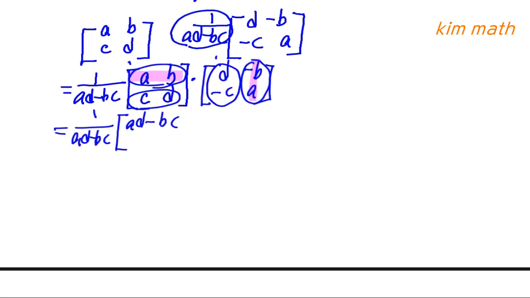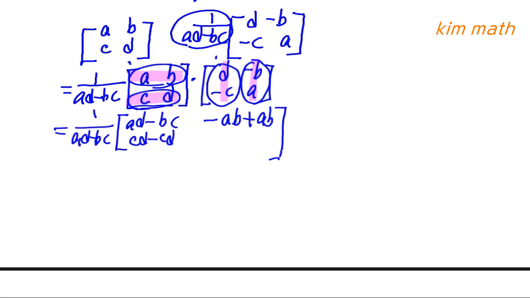Then you have negative AB plus BA, or AB zero. If we use this one with this one, CD minus DC, or zero, right?